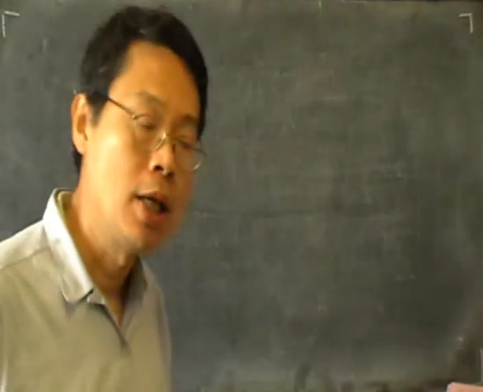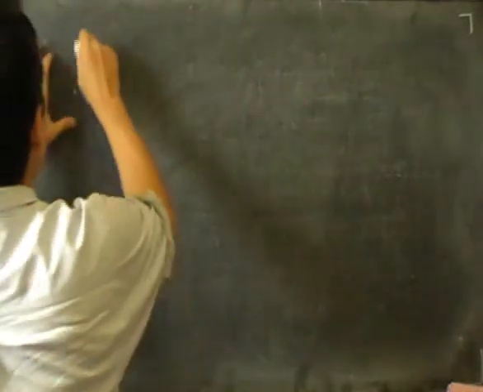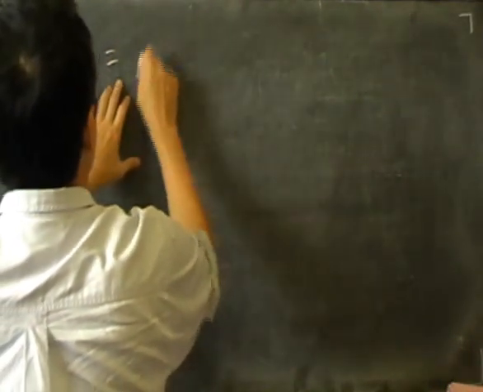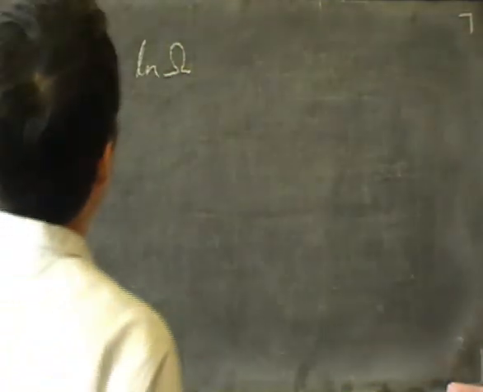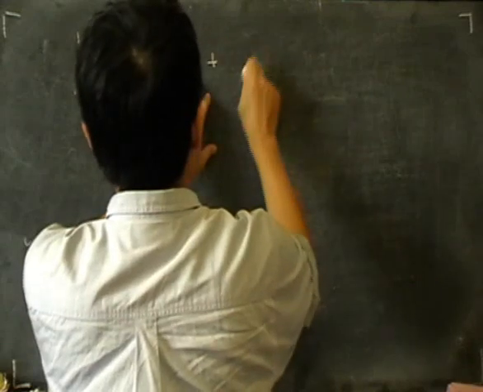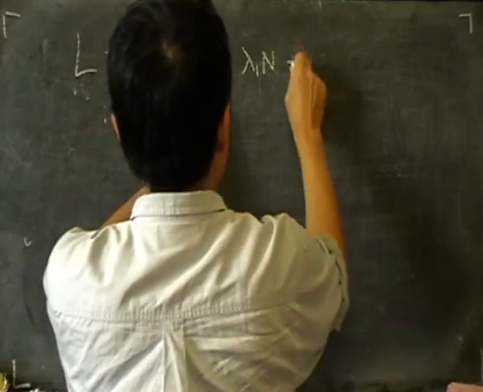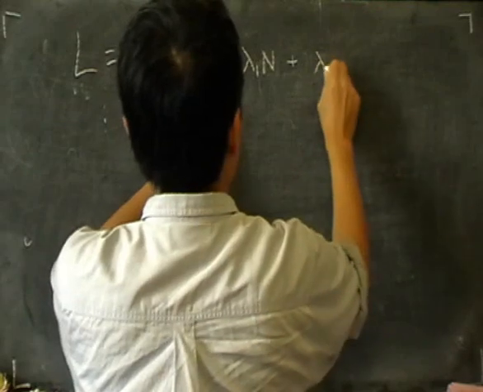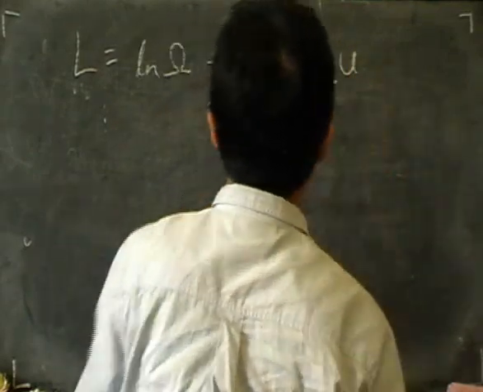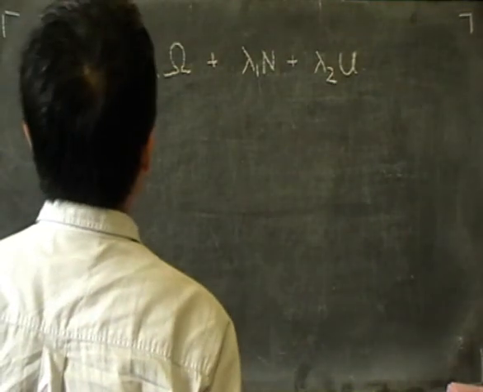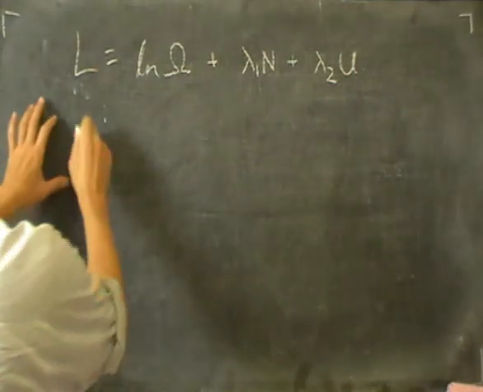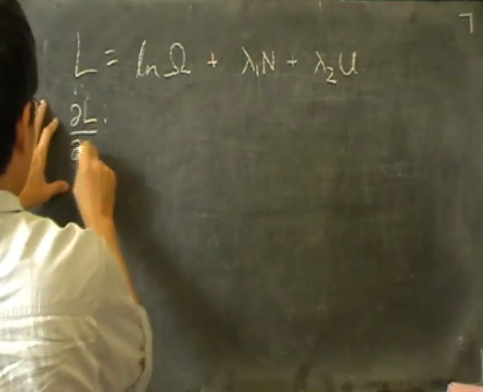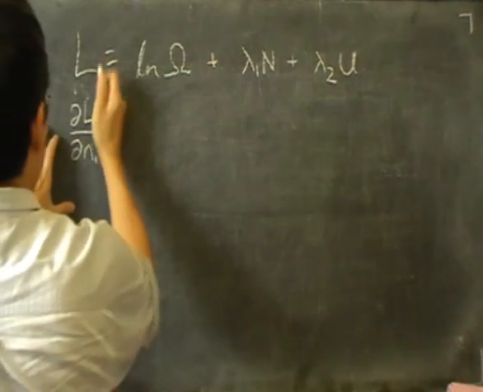In order to do this, let's go back to the Lagrange function. That's L equals log omega plus lambda 1 n plus lambda 2 U. Right. So previously we have differentiated L with respect to n1 to maximize it.